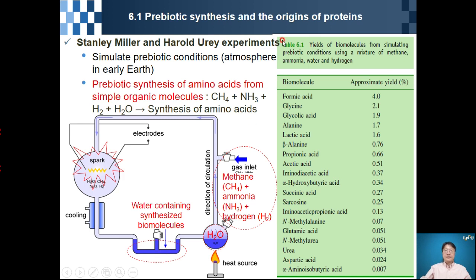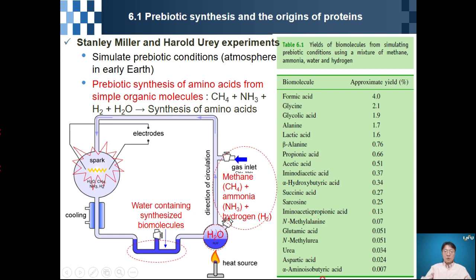So they found that Table 6.1 summarizes yields of biomolecules from simulating prebiotic conditions using a mixture of methane, ammonia, water, and hydrogen. Several biomolecules were synthesized.